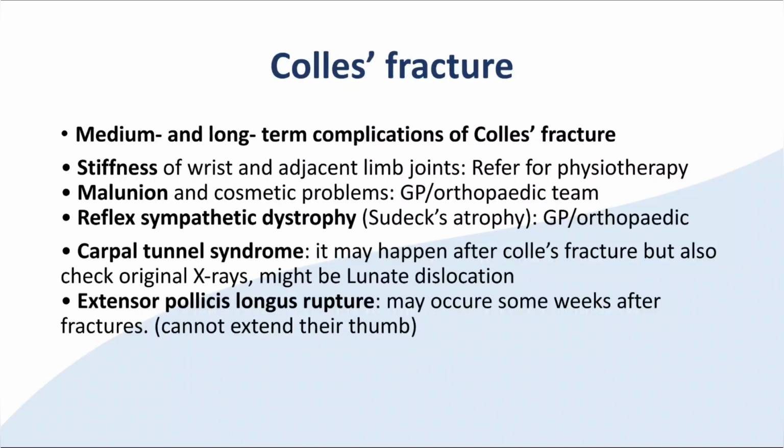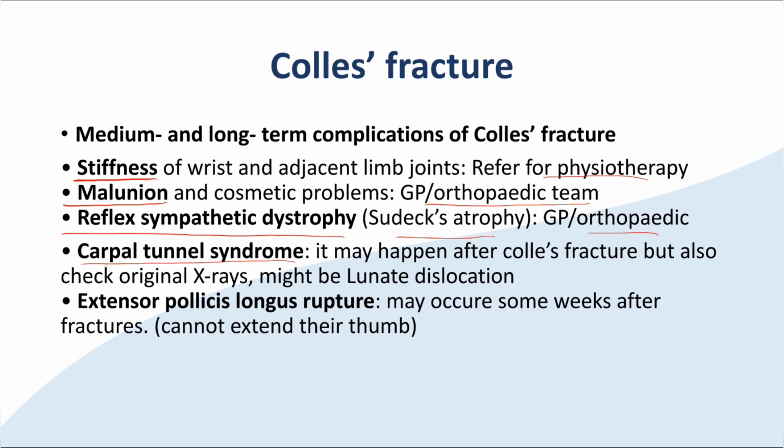What are the complications of Colles fracture? There might be stiffness, so send the patient for physiotherapy. Malunion and cosmetic problems, send for GP or orthopedic team. Reflex sympathetic dystrophy or pseudo-dystrophy, send for orthopedic.